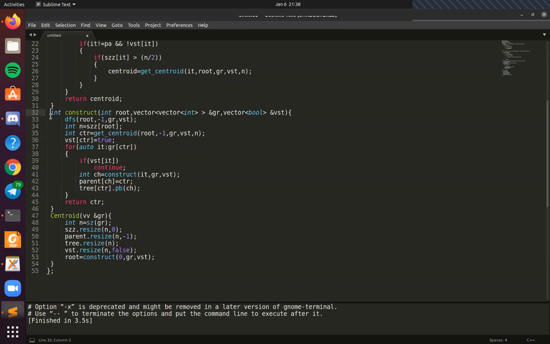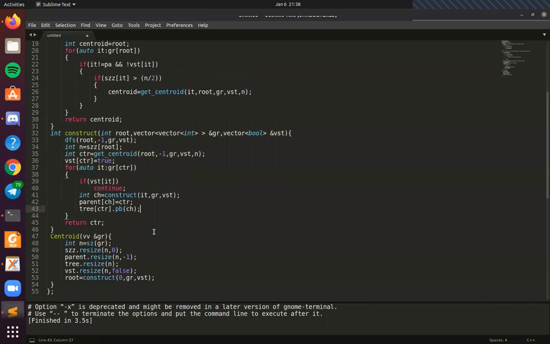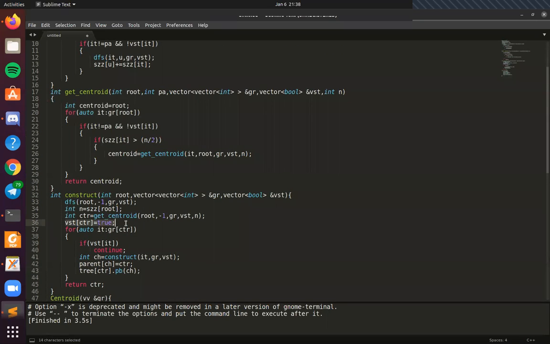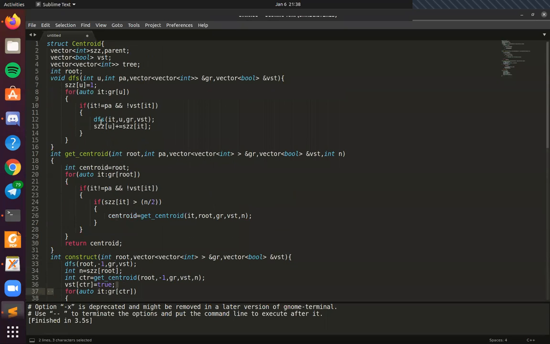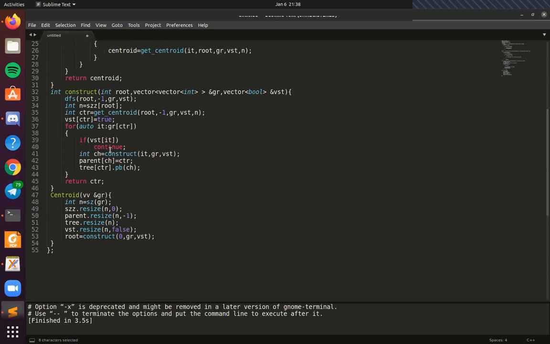So this whole function does the centroid decomposition of the tree and returns the centroid of the overall tree. Now you can see here, while doing DFS, I am checking if it is visited or not. If it is visited, I ignore it. While finding the centroid also, I do the same. So we can remove the centroid by using this line.